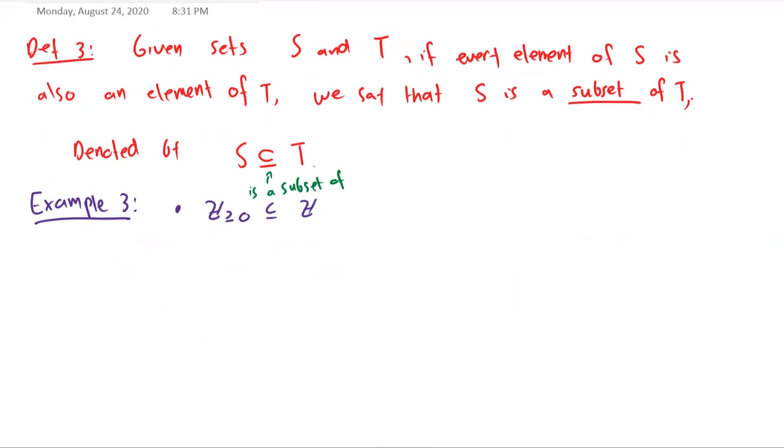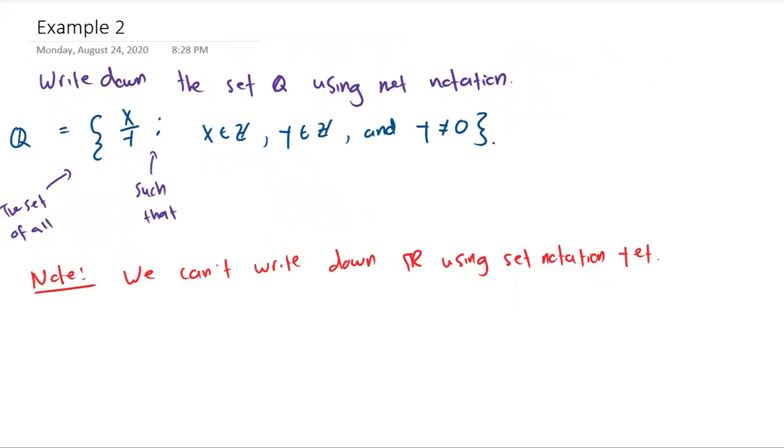Okay, that's one example. Another example, the set of integers is a subset of the set of rational numbers. Why? Well, look at the definition of the set of rational numbers. It's the set of all x over y, such that x is an integer, y is an integer, and y is not equal to 0. If we set y equal to 1, then we're just looking at the set of all x over 1, such that x is an integer.